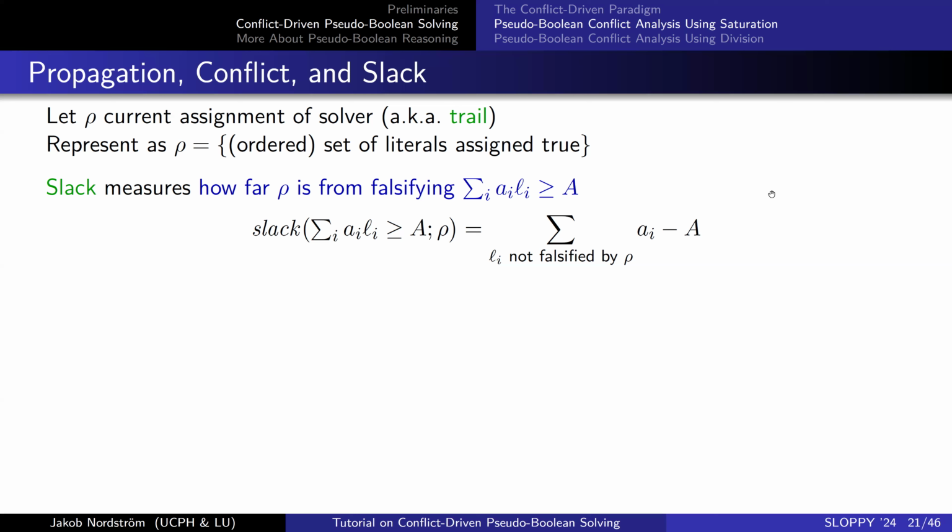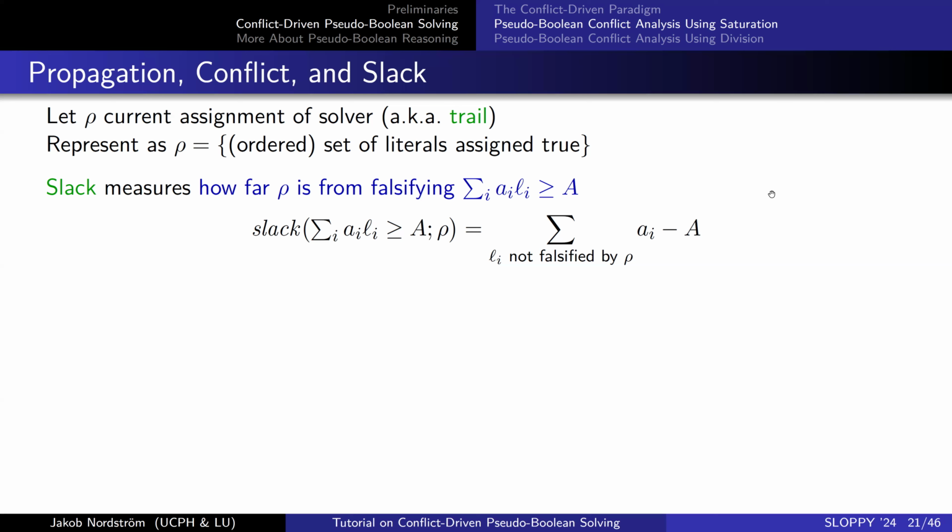Satisfied literals definitely help to make the constraint happy. Unassigned literals could still make the constraint happy. So let's sum up everything that could potentially help or does already help. Let's sum up all of these a_i, and let's subtract what we need, capital A. That's the slack. That's how much margin of error we have.